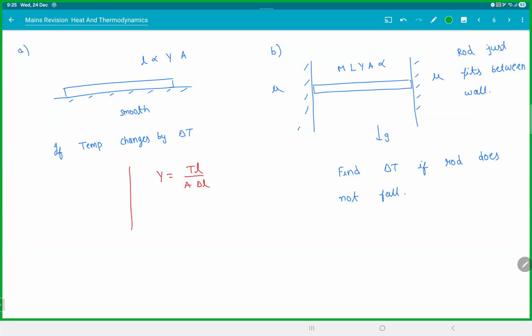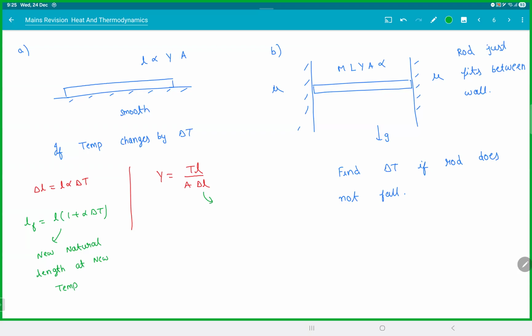So basically, when you write L final is L into 1 plus alpha delta T, this is the new natural length at the new temperature. So when you change the temperature, the natural length of the body also changes. Your natural length is not constant.